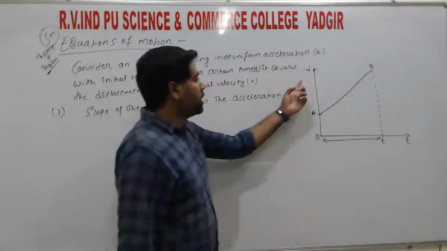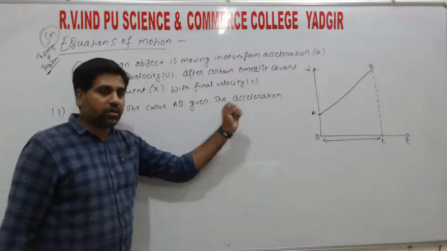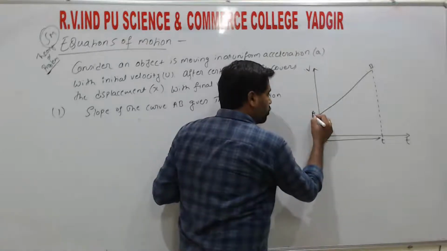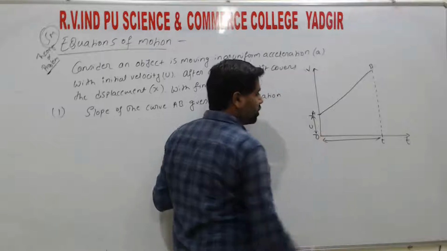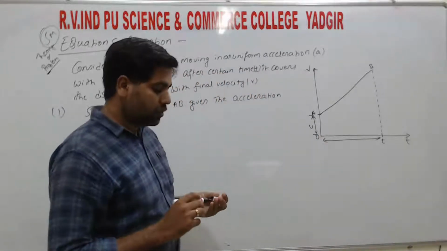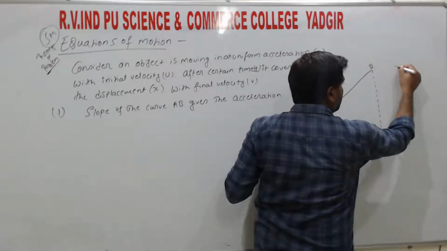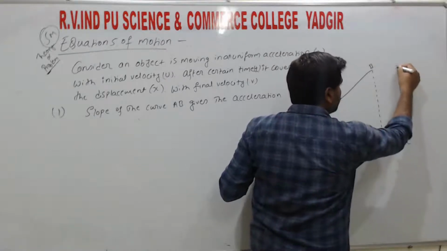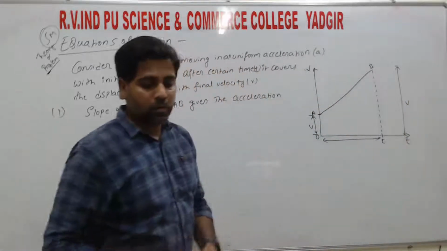In the v-t graph, if we plot the slope, the slope gives the acceleration. Now from 0 to A, the velocity we took is the initial velocity u, and at point B is the final velocity. So this distance is v.